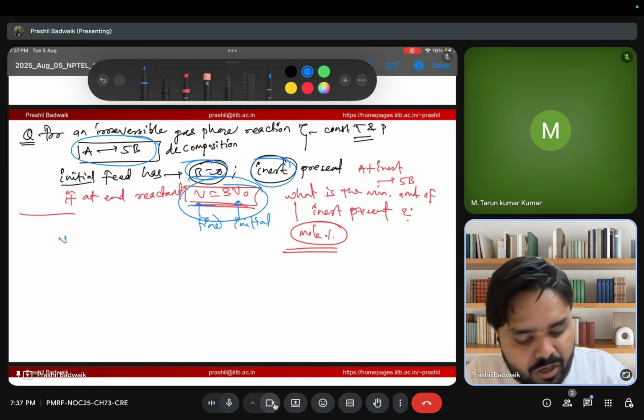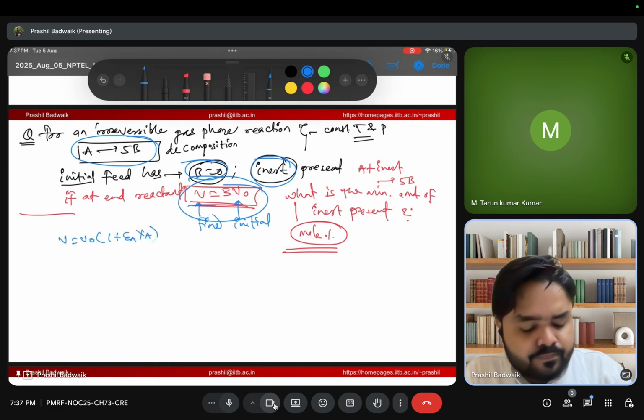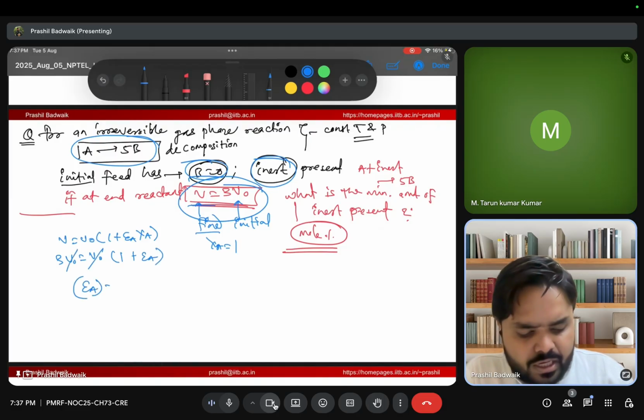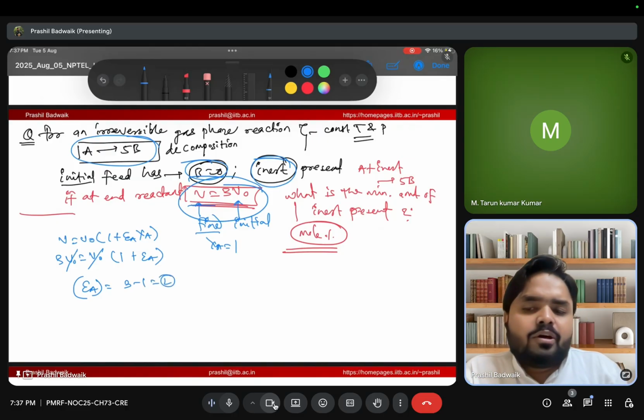So what is the formula? V is equal to V naught times 1 plus epsilon A times XA, and at the final state XA is equal to 1. So V, which is 3 times V naught, is equal to V naught times 1 plus epsilon A. So epsilon A is 3 minus 1, which is 2. So I got the value of epsilon A, the fractional change in volume.